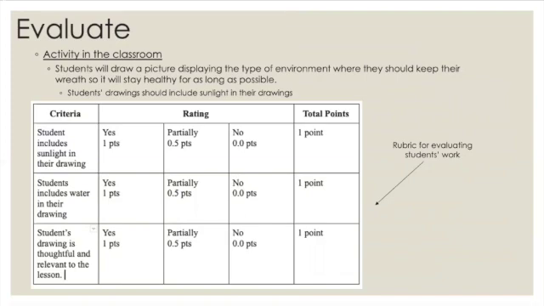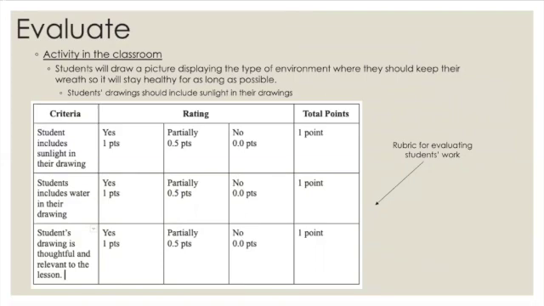For this activity, students will be asked to draw a picture of the ideal environment where they are going to want to place their wreaths, whether that's at home or within the classroom. We want to get them thinking about where their wreath is going to be most successful and where it is going to last the longest.